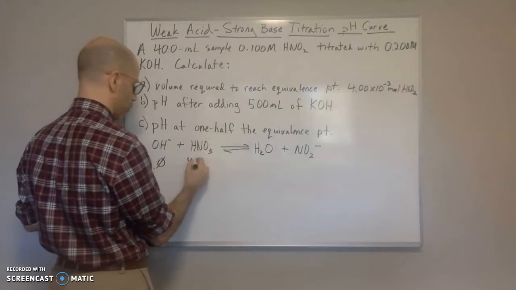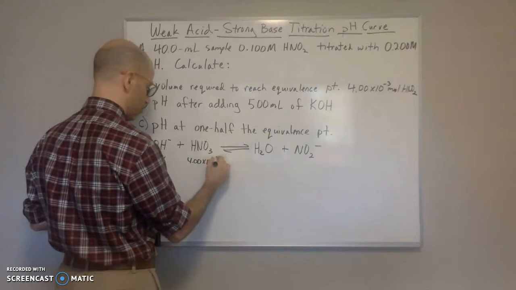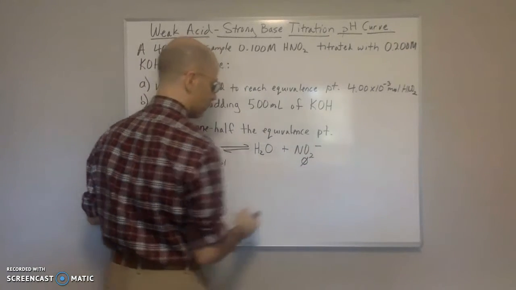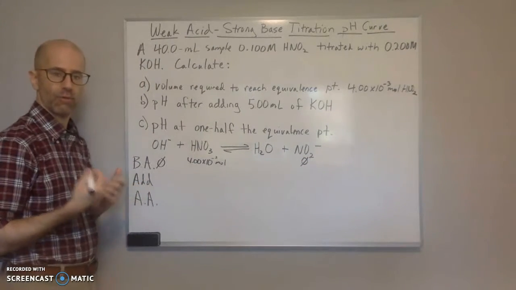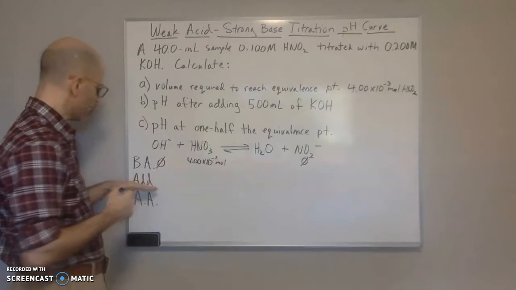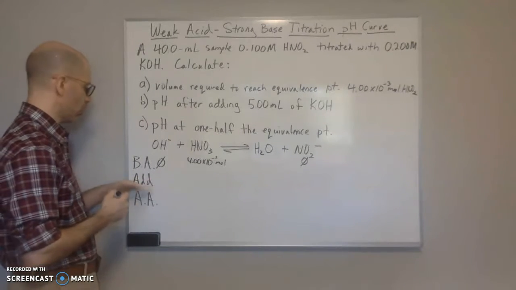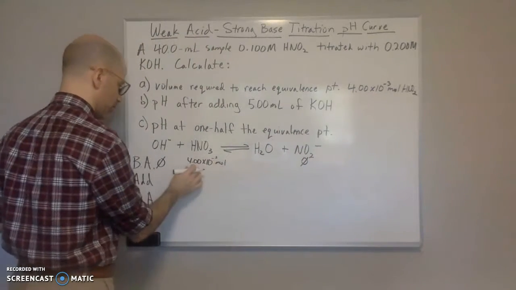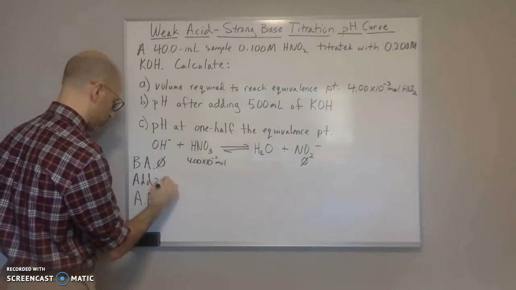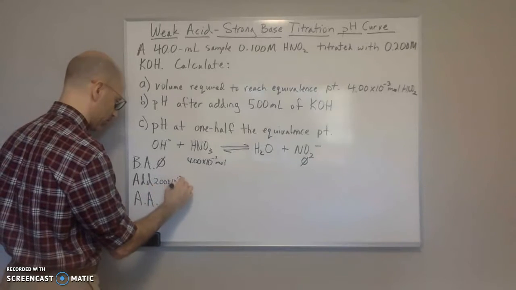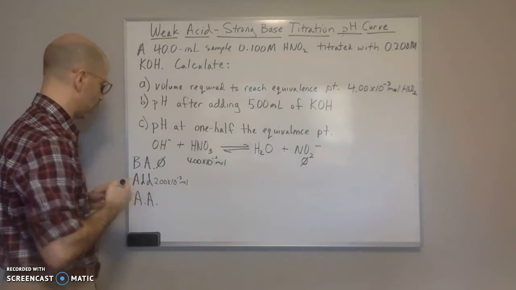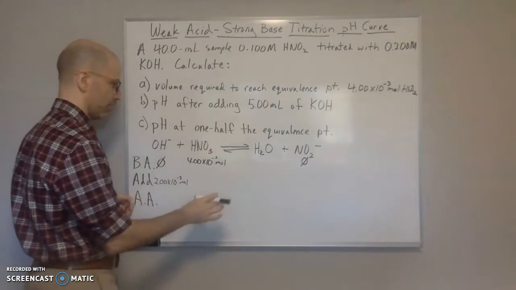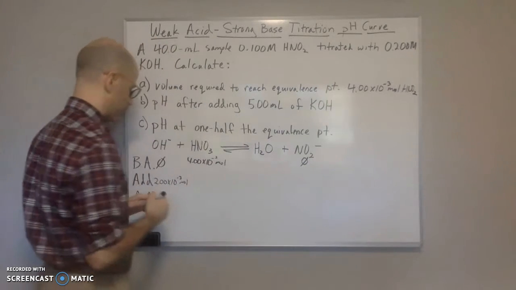We had 4.00 times 10 to the negative 3 moles of your acid, and you had 0 amount of your NO2 minus, or very, very little. Now we're adding KOH, so we're adding OH minus, and we're adding half of this amount. So half of this amount is 2.00 times 10 to the negative 3 moles of your OH minus, or KOH. We're not really adding any more of the others.